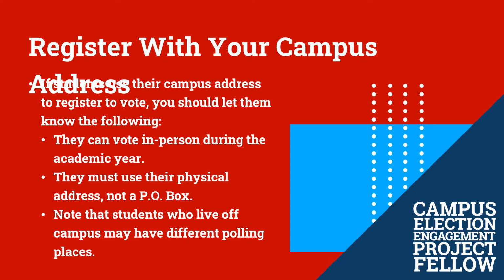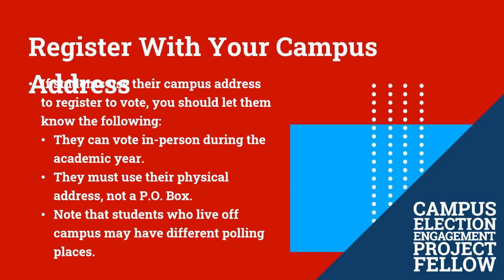Students may also need confirmation information like letters from the president or chancellor, or a zero balance utility bill issued by the school. It's critical to know the specific rules for your state or campus, so you can confidently and accurately assist students to fill out the registration forms.